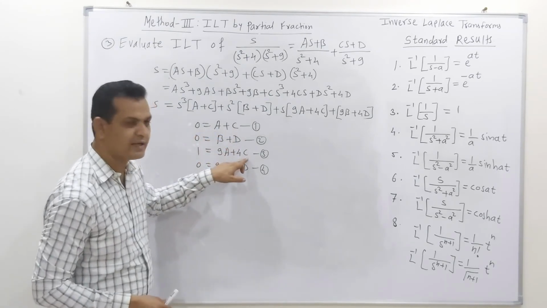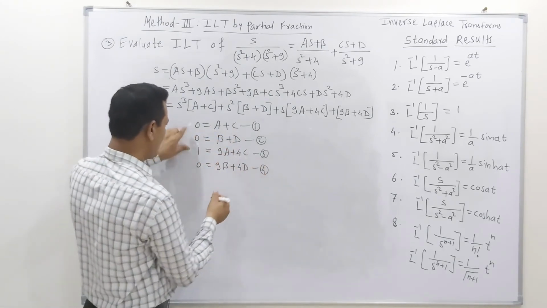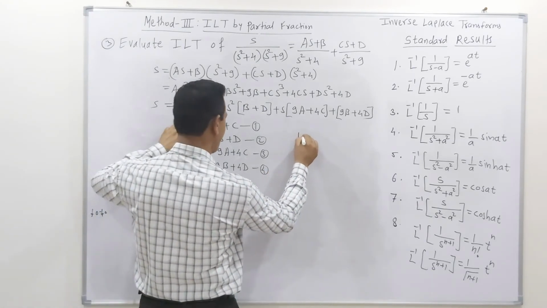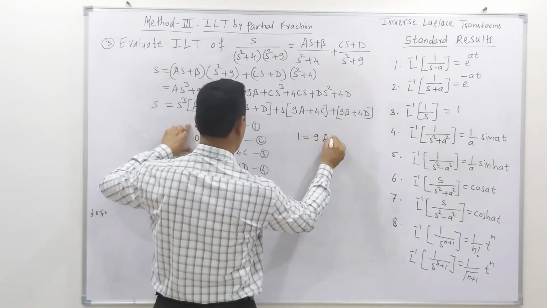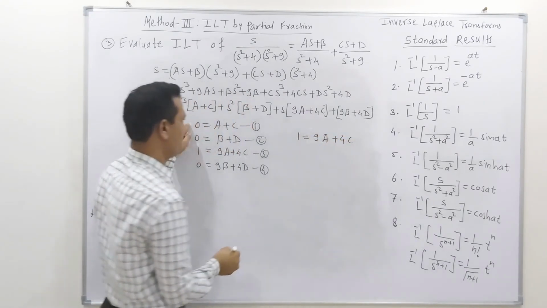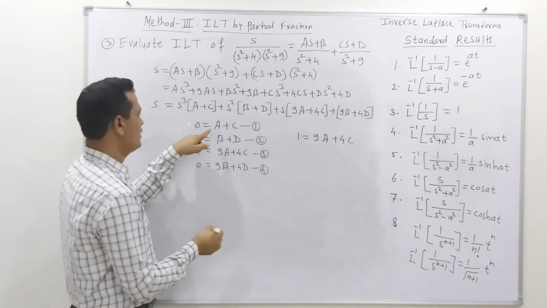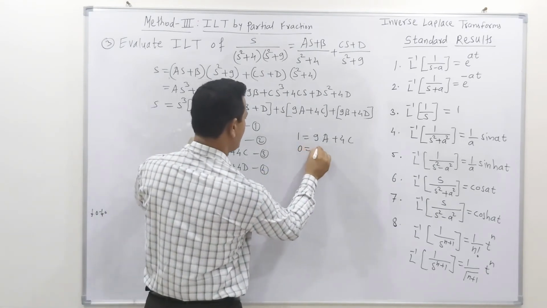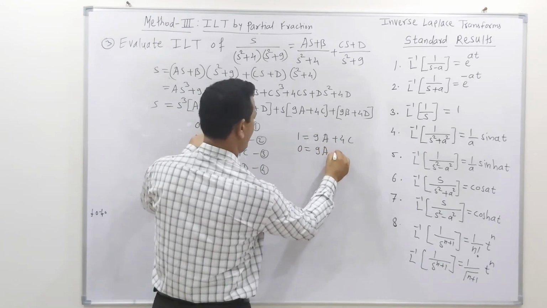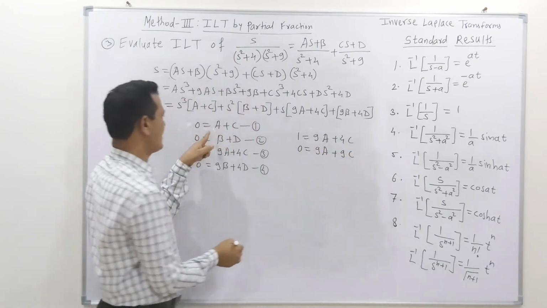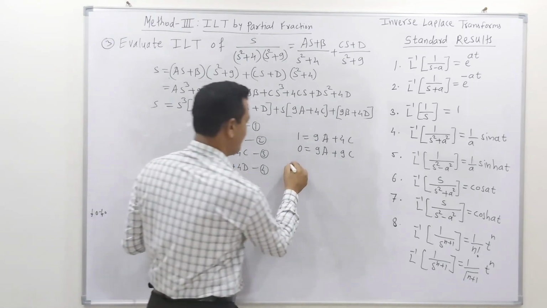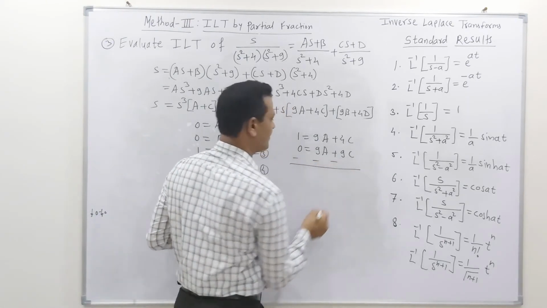If we solve these two simultaneously, we have 1 is equal to 9a plus 4c. To cancel the a term, multiply the first equation by 9, and we get 0 is equal to 9a plus 9c. Now change the sign of this equation.